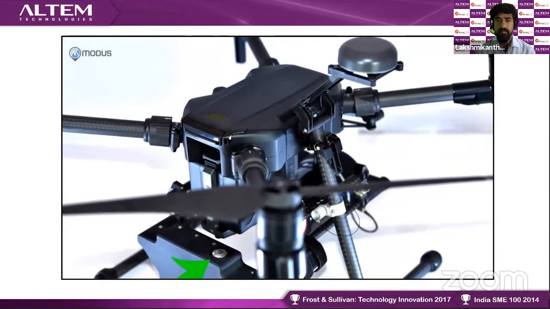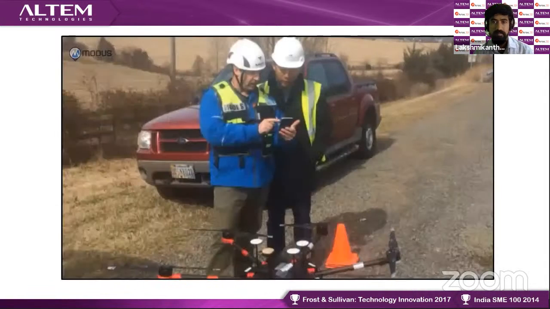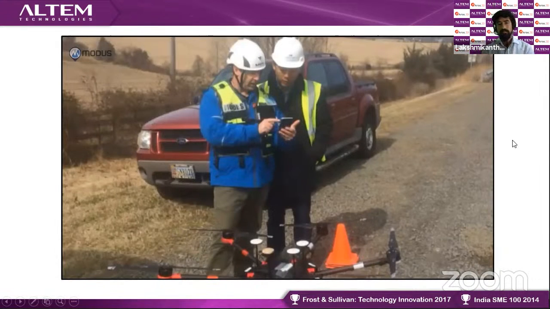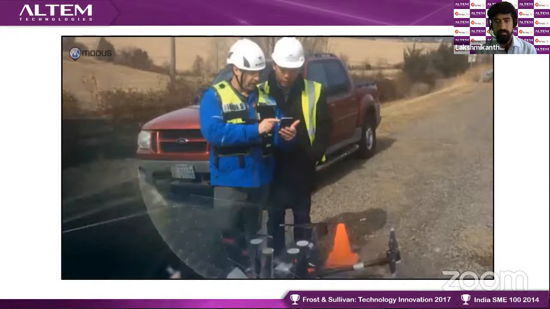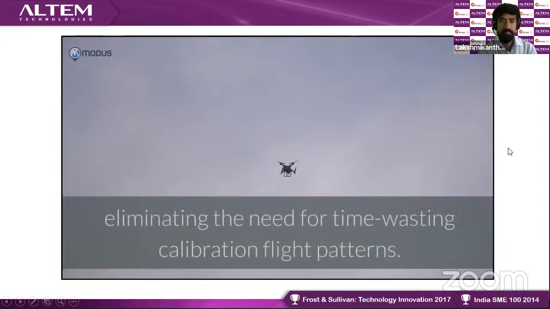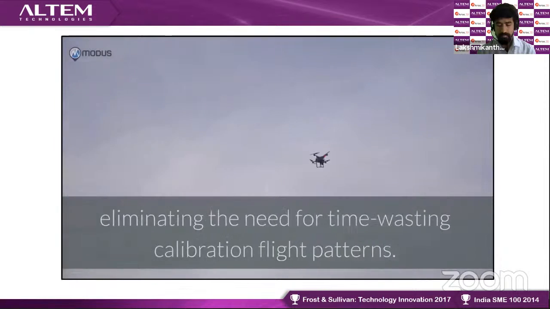Setup is easy with one-button start and Wi-Fi payload connections. No cables or preloading before coming to the field. Fieldwork is also streamlined. Take advantage of high-end positioning systems, eliminating the need for time-wasting calibration flight patterns.